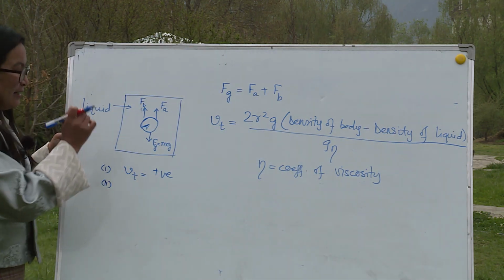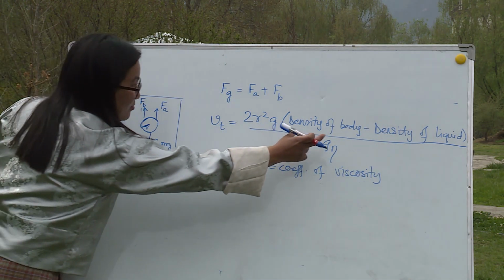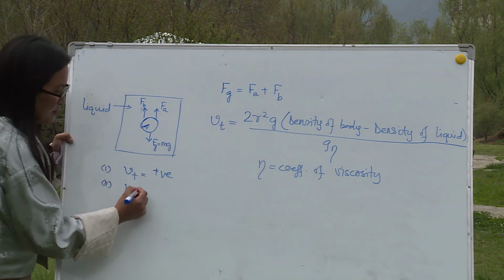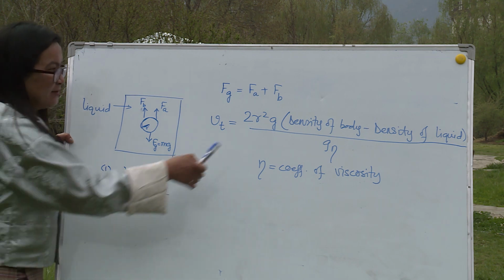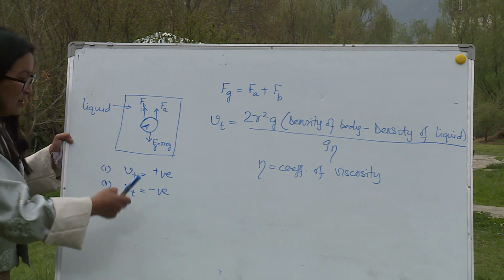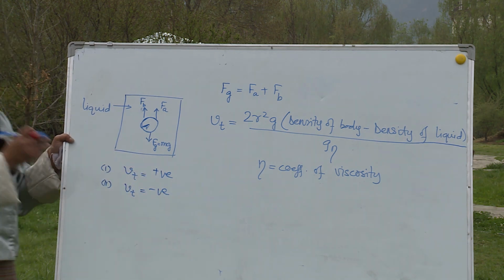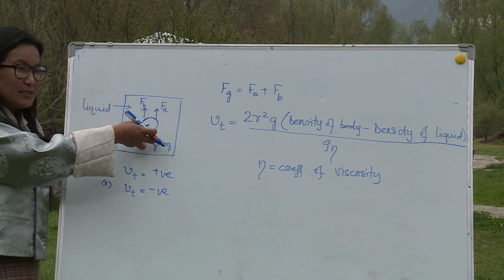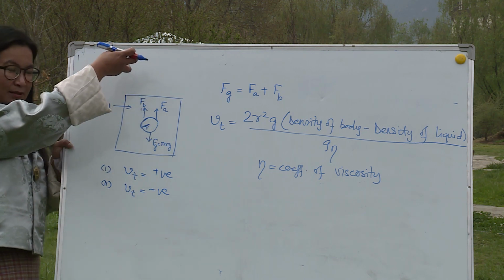If the density of the liquid is more, what will happen now? The difference will be negative, which will make the terminal velocity negative. So density of the body will be lesser, density of the liquid will be more, so the difference will be negative. So what does this mean? This means this time the body is going to move up, not down.